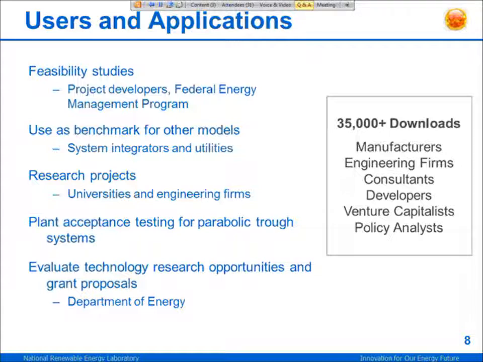So they'll use their own internal models to generate inputs to SAM, and then run SAM and use SAM to discuss the general parameters of the project. It's used for research. The parabolic trough model in SAM is used for plant acceptance testing. And then it's used by the Department of Energy for evaluating its internal programs.